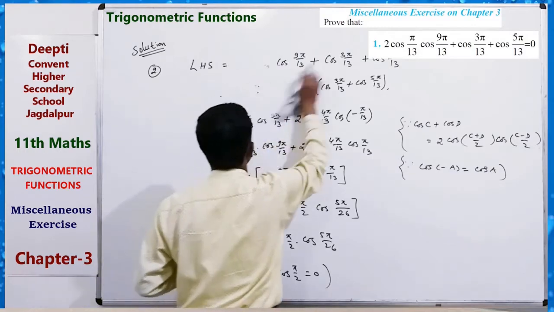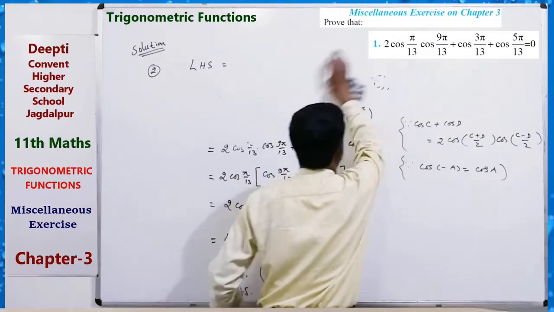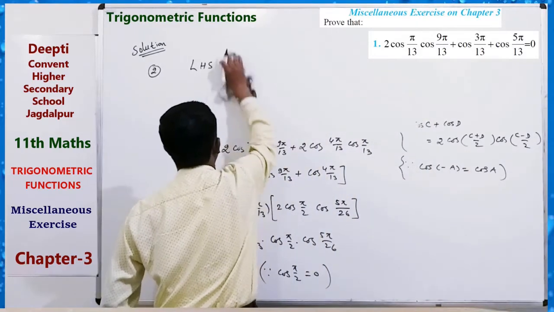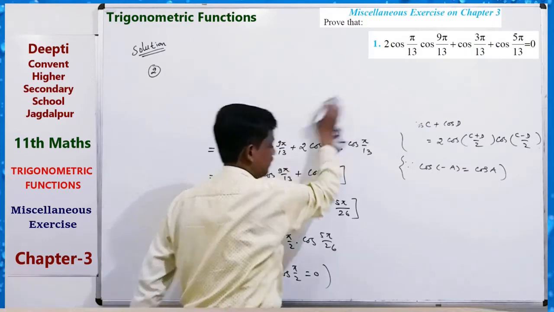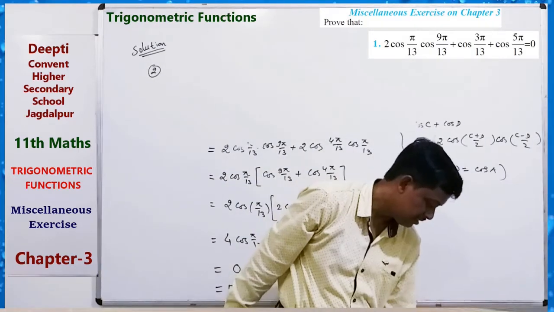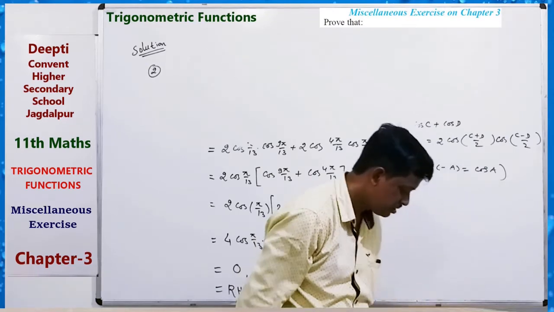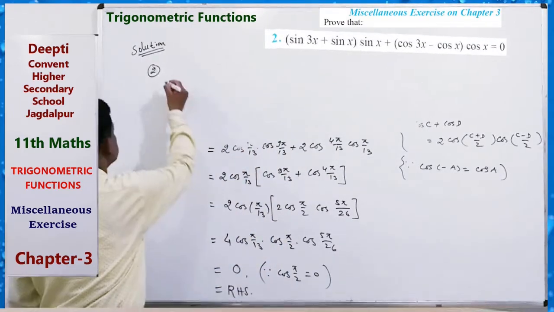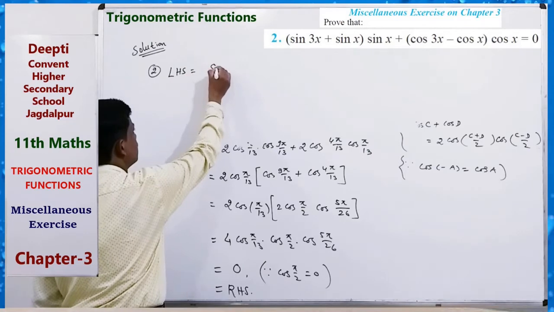Left hand side is what is given: (sin 3x + sin x) into sin x plus (cos 3x minus cos x) into cos x. Okay, so here, second question, left hand side, what?